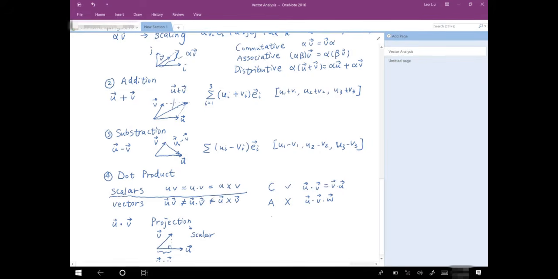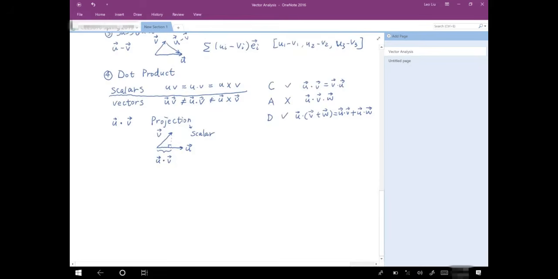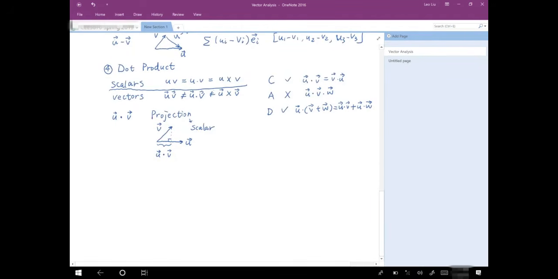But for distributive, this one is good. For example, the dot product of U and the sum of V and W equals the product of U and V plus the product of U and W. So this is the rule for using a dot product. We need to know the definition of it, and also how to use it.